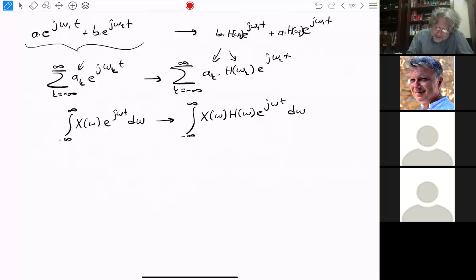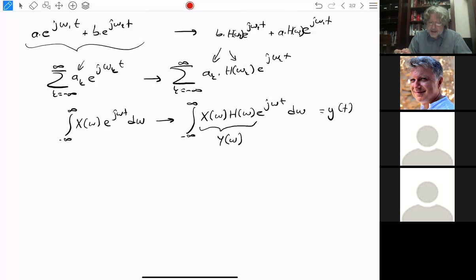And now we observe something that we expect already. This is y of t, therefore from definition, this must be Y of omega, which tells us that along the frequency axis, if I multiply my signal's frequency representation, which is the Fourier transform, with the frequency response on the omega axis, term by term multiplication, the output will correspond to the frequency representation of my output, Y of omega.